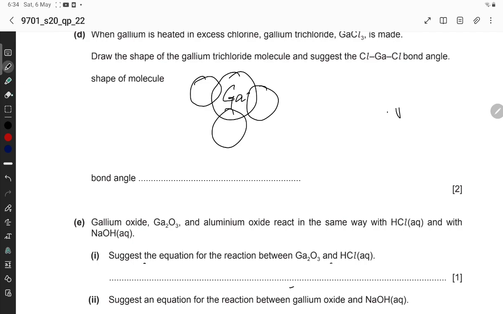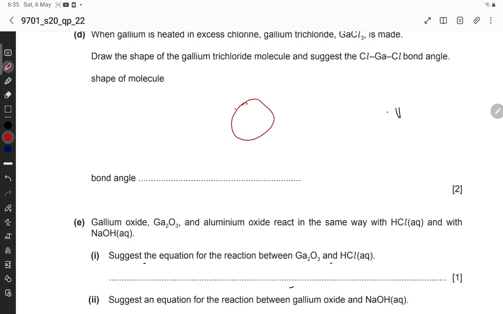Gallium has 3 electrons in its valence shell.